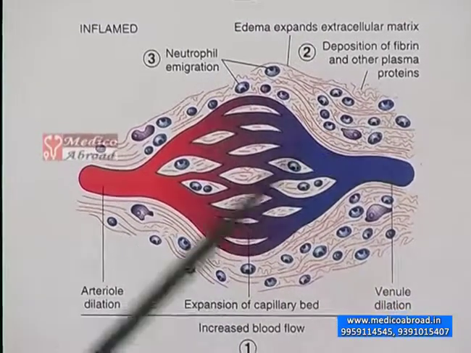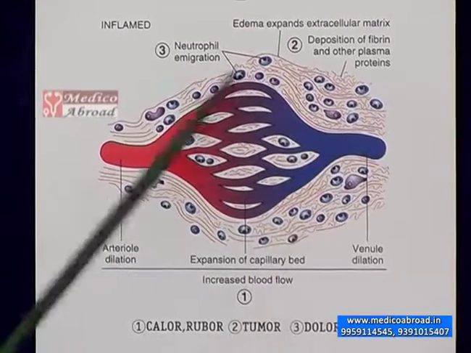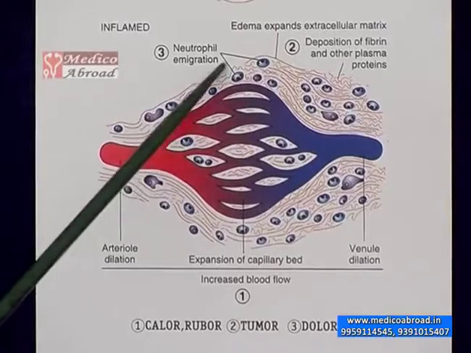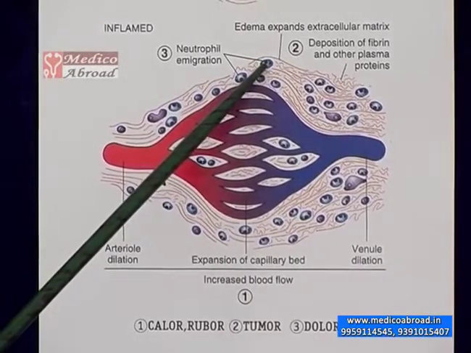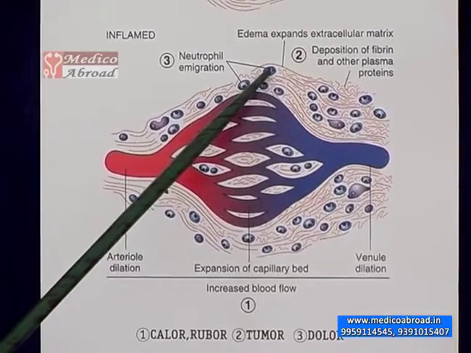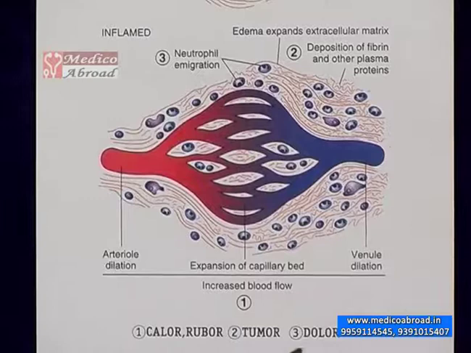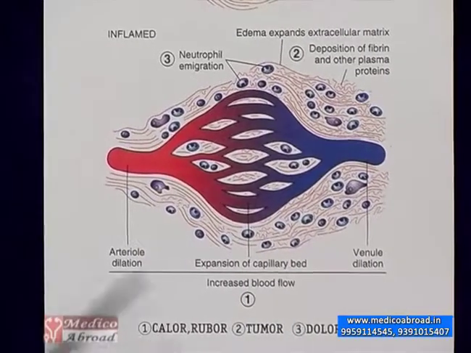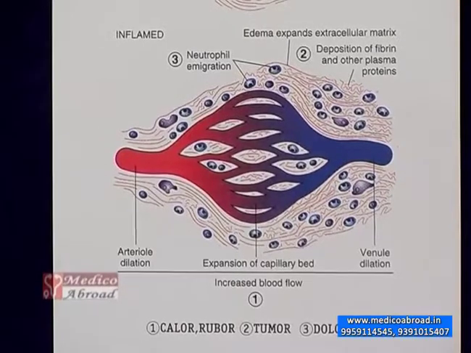This is called tumor, which increases the size of the swelling. Because of these cells which come out into the extracellular space, inflammatory mediators are elaborated from these cells, and this contributes to the development of pain, and this is called dolor. These are the 4 characteristics of acute inflammation. Let's write them once on the board.